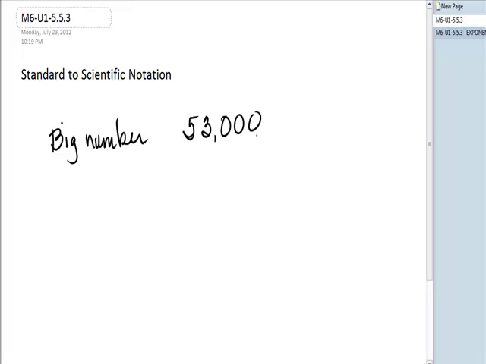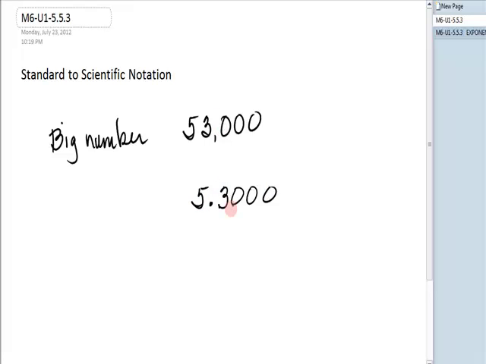They have to be less than 10. Well, what that means is all numbers in scientific notation have their decimal point just to the right of the first non-zero digit. This would turn out to be 5.3000. You can see this is 5 something, so it is a number between 1 and 10.